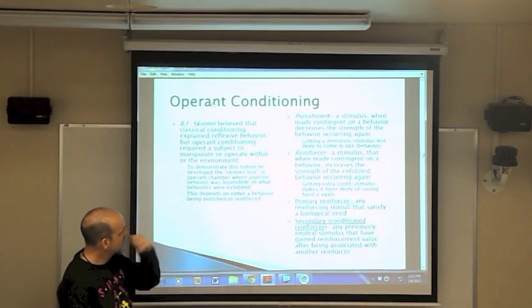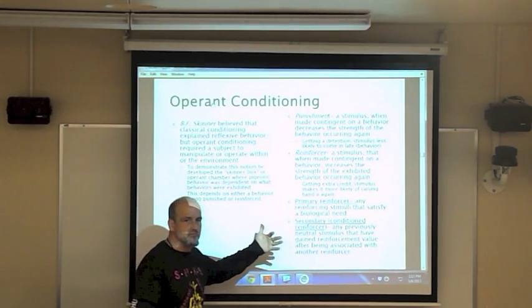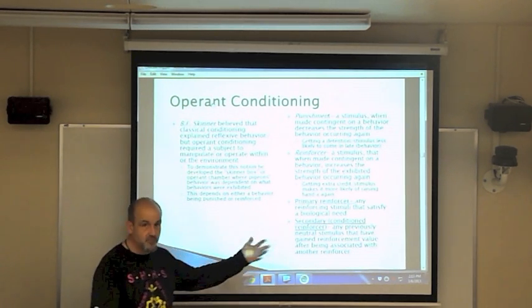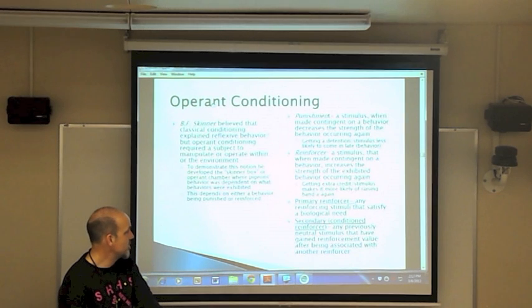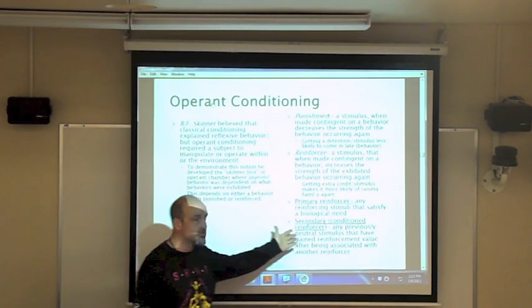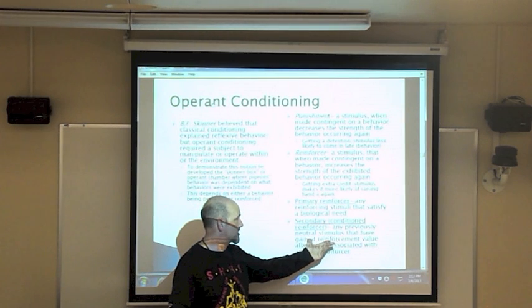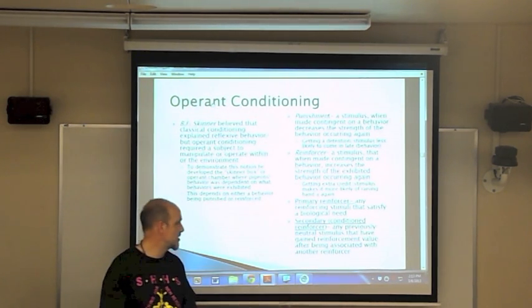Now, what can you do to reinforce behavior? You can either use a primary reinforcer, which often involves food or water, or something to satisfy a biological need, or you can use a secondary, conditioned, or learned reinforcer: any previously neutral stimulus that gained reinforcement value after being associated with another reinforcer.